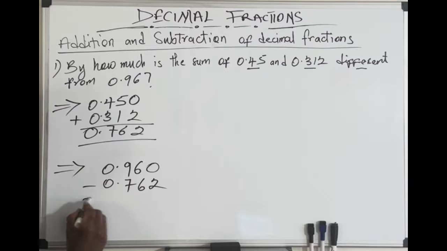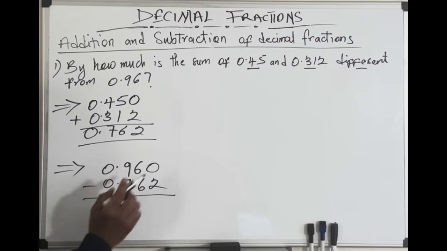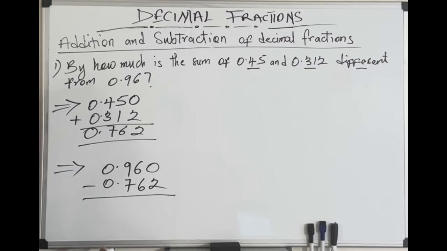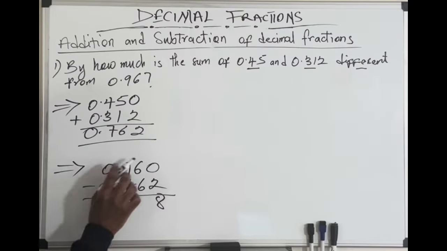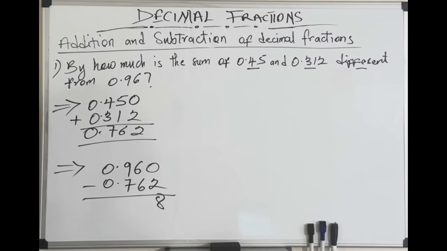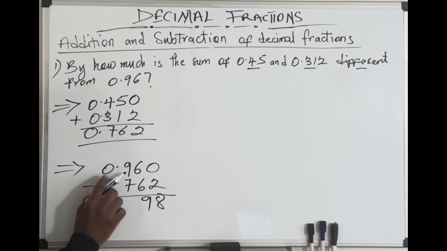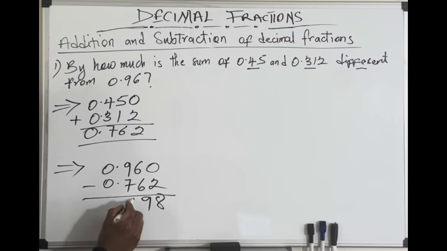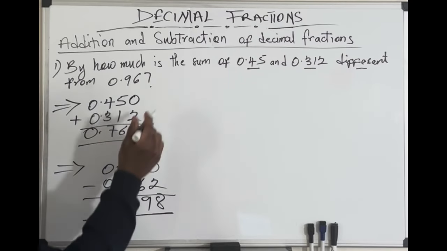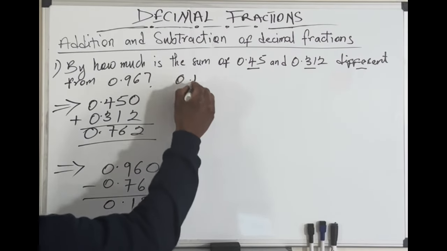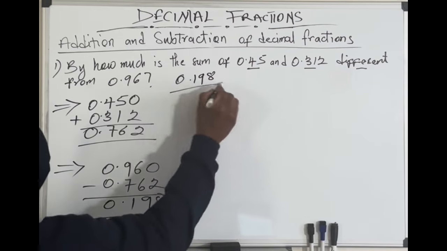We are subtracting. So we take 1, which is 10, 8, 5 here, so we take 1, 15. 6 from 15 is 9. 8 is here, so 1.0. So our final answer will be 0.198.